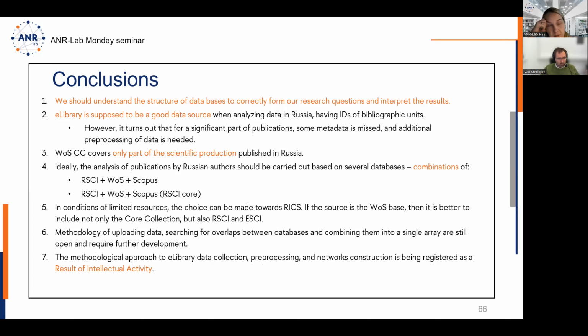But if our resources are limited, we can choose this Russian Science Citation Index. But if we use Web of Science, then it would be nice to include Russian Science Citation Index, because this is the extra database, or this also database of emerging scientific citation index.